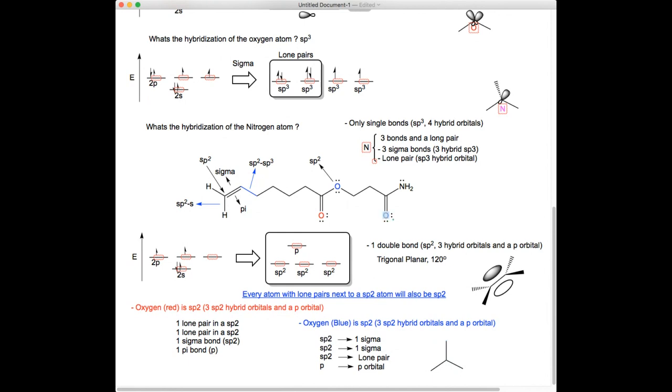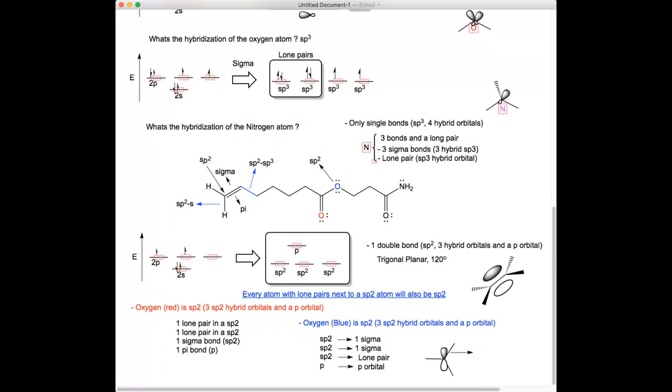It has 3 sp2 orbitals, therefore we can say there are 3 sp2 orbitals with a 120 degrees angle. Everybody agrees on that? And the fourth is in a pure p orbital. There is a p. So once again, 4 orbitals: 3 sp2, which are trigonal planar, and 1 p.